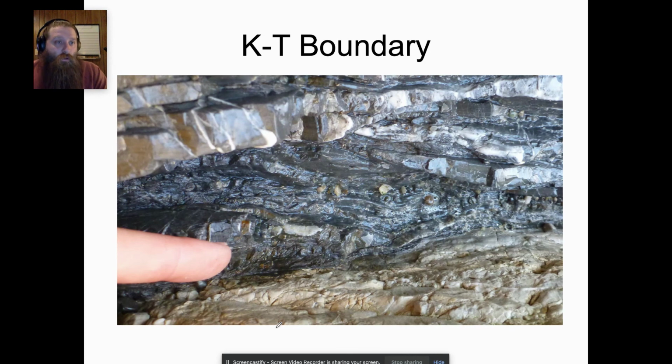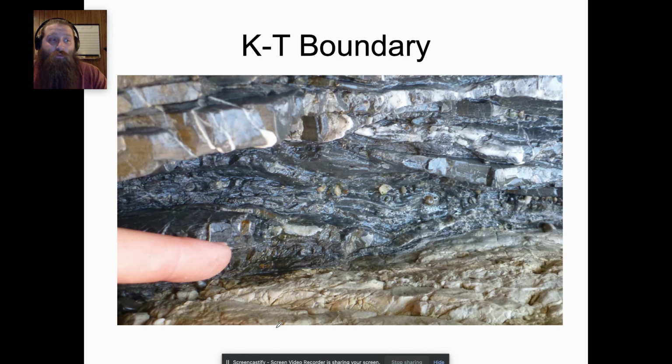So if a 6 mile wide asteroid impacted the Earth, we would expect there to be some dirt and some dust and some what we call ejecta blown up into the atmosphere that would be scattered around. When asteroids hit, they can instantly cause the melting of that surface crust, and that gets shot up into the air as a molten spray.